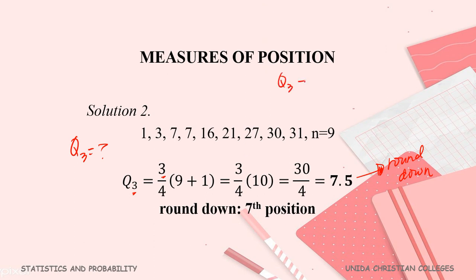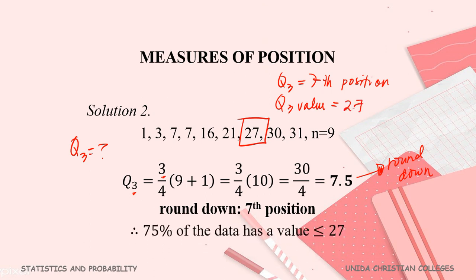So, Q sub 3 is equal to 7th position. Okay? Now, para makuha yung value, count mo kung asan ang pang 7 dyan. 1, 2, 3, 4, 5, 6, 7. This is the value of your third quartile. So, the value of your third quartile is equal to 27.